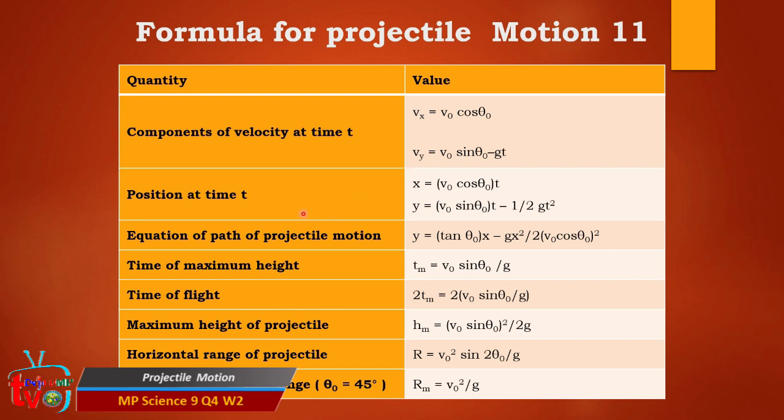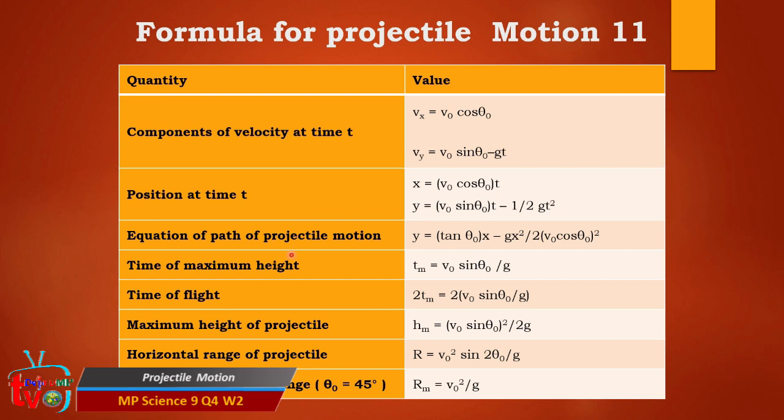For the position of the projectile at time t, we are going to use x is equal to the quantity initial velocity cosine theta times t. And for the vertical position, y is equal to the quantity initial velocity sine theta times t minus 1/2 gt squared.